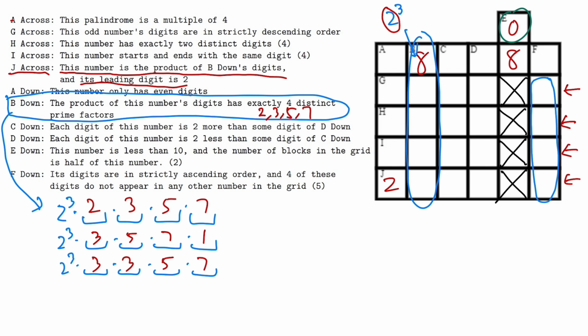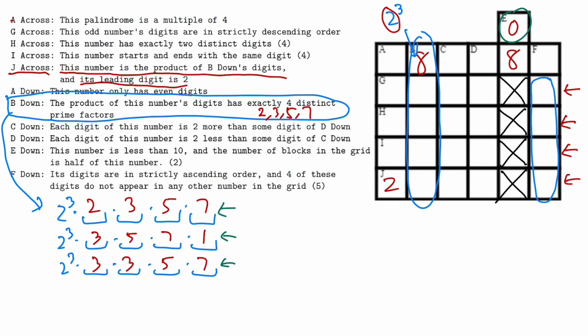Okay, now why not this right here, and maybe this, or maybe that. Well, remember the product of the digits here is equal to J across, and J across starts with 2.